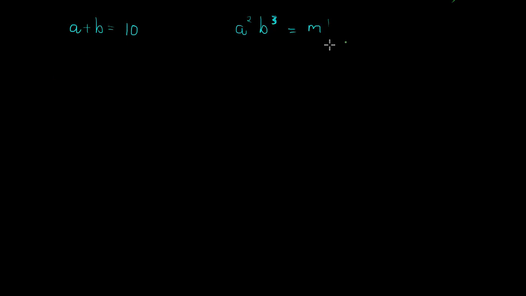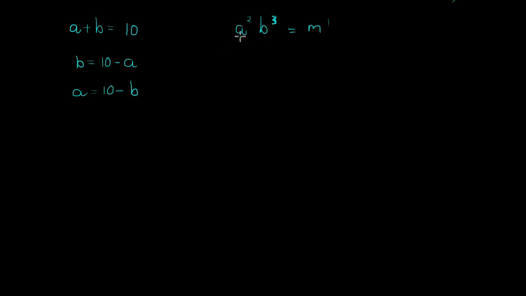Now, in order to replace one of the variables, I can just use this expression. So, for example, I can either use b is equal to 10 minus a, or I can use a is equal to 10 minus b. Now which one is going to be easier?